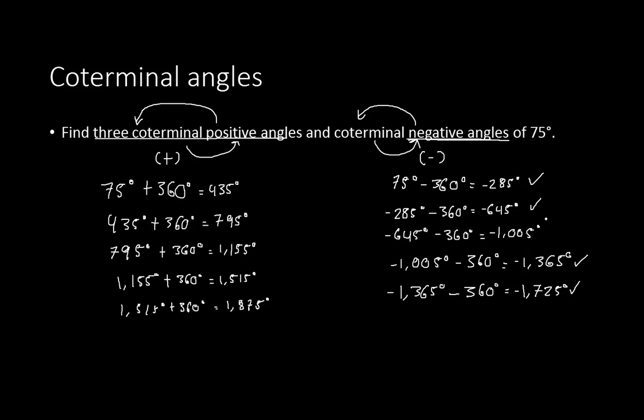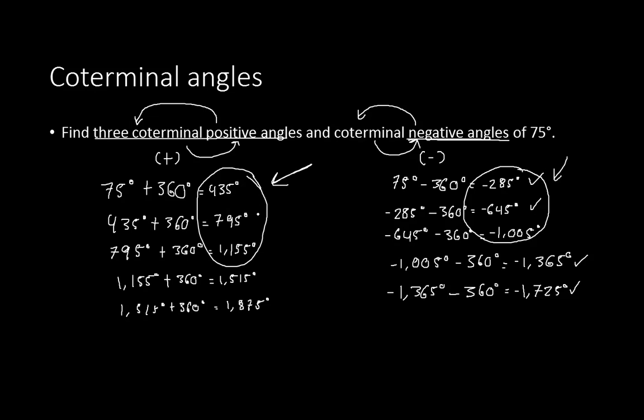Just pick three consecutive coterminal angles. Basically, when I say consecutive, they're stuck together, just like what I did here. Just pick the first three, the way I picked the first three here. These are the first three consecutive coterminal angles. So therefore, for me, my final answer is this one and this one.